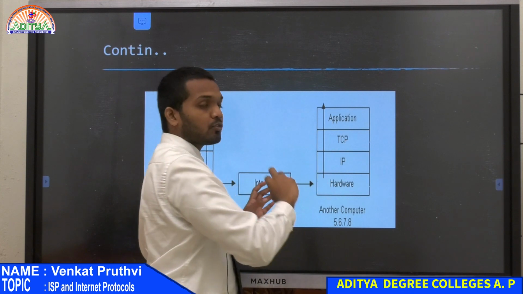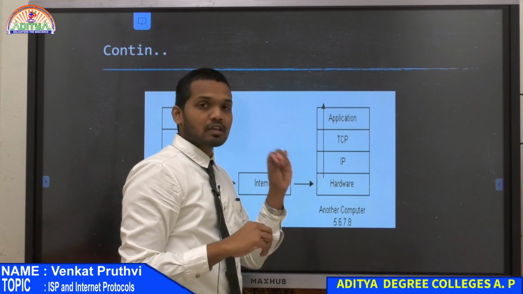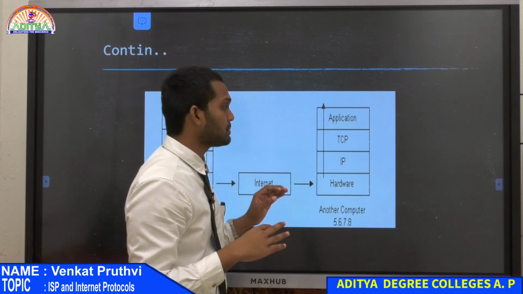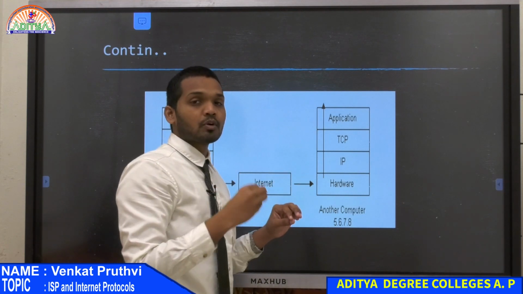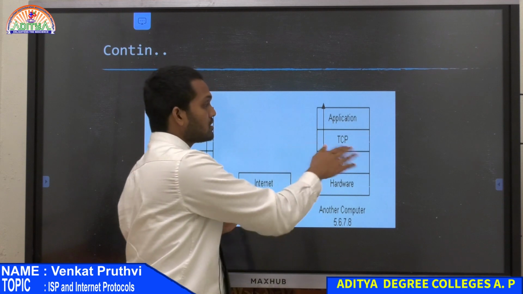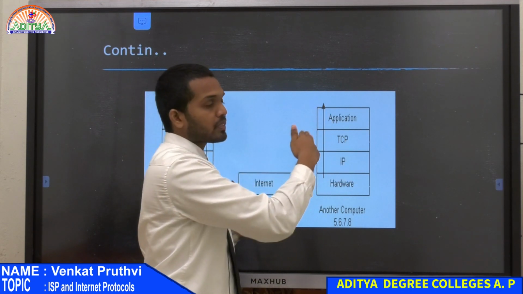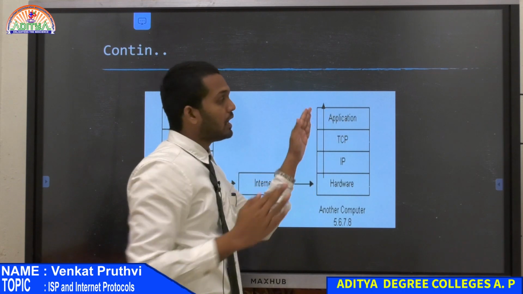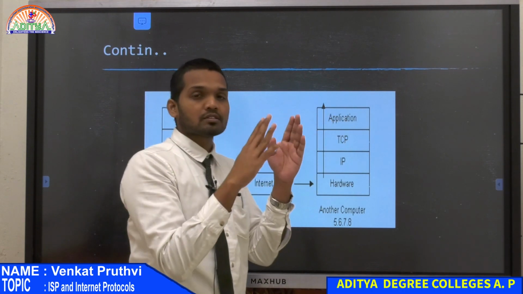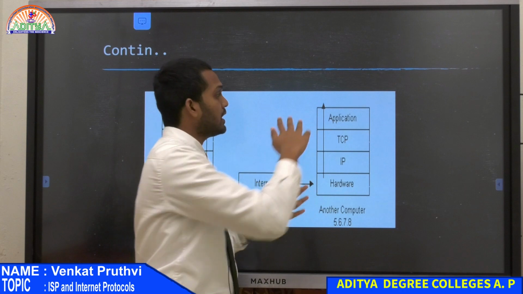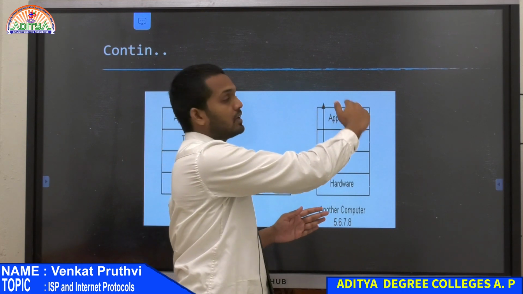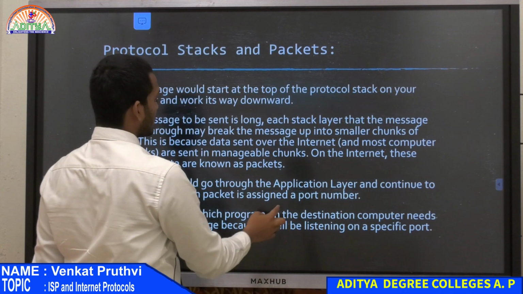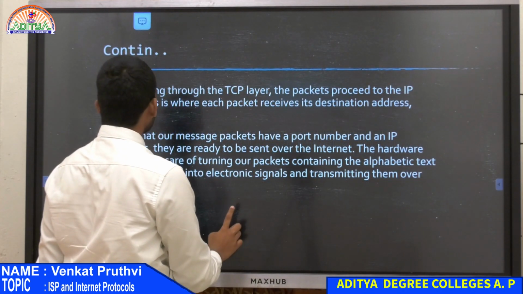So in the IP stack, the IP address on each packet is removed, and in the TCP layer or the TCP stack, whatever port number is assigned to each packet is also removed, and only the packets that are divided are sent into the application layer. At the application layer, all the packets are rejoined together, and the final 1 MB file is sent to the user at the other computer. Okay, this is how data is being transmitted over the internet.